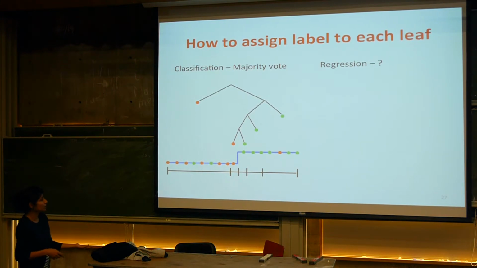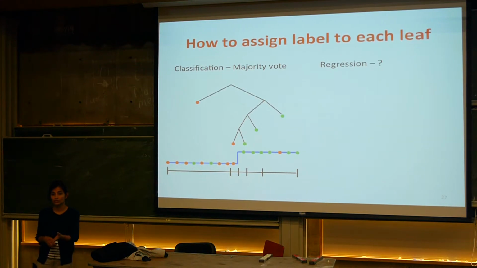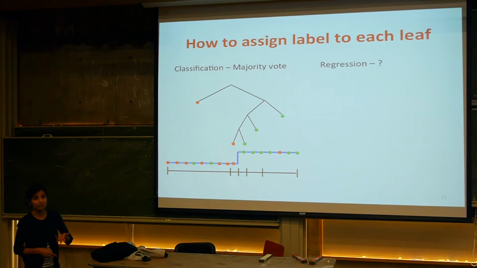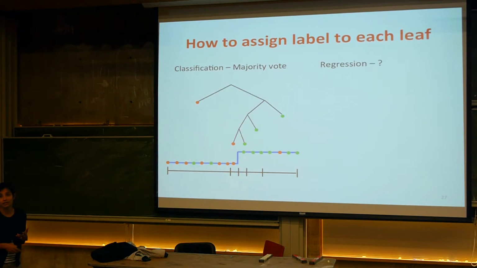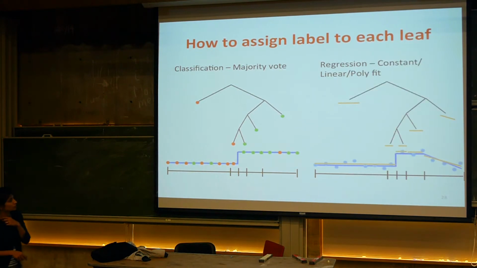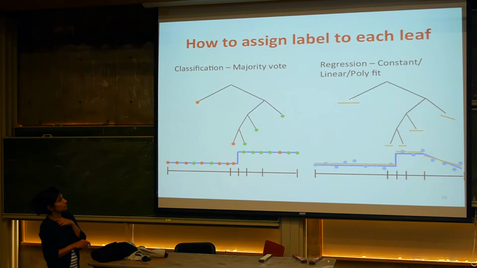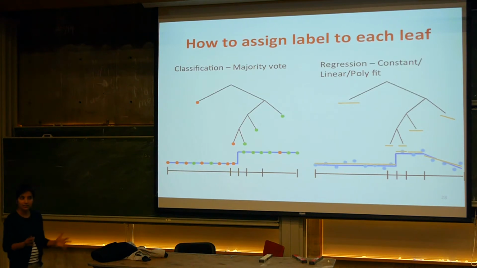Or in fact, you can do any kind of fit using the training data that have been sorted to a leaf. Instead of just majority vote, just like we did in the kernel regression setting, or histograms also, all you do is either take the average, which is equivalent to a constant fit, or you can do linear fits, or fit polynomials, you can make it very fancy. Learning the tree structure is really the main thing, and after that, it's quite similar in terms of what you do.